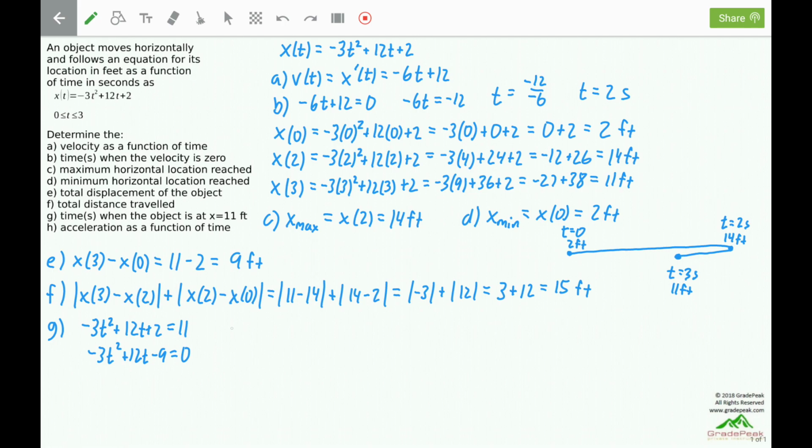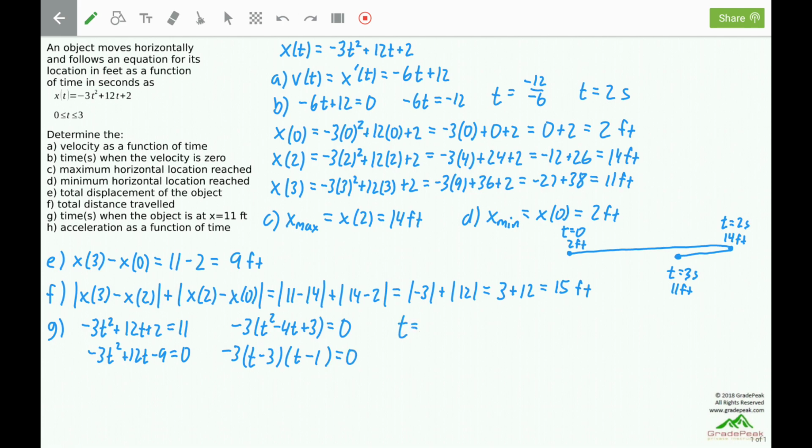There's a common factor of a negative 3, and factoring that out will give us t squared minus 4t plus 3. And we can trinomial factor that into t and t. We need two numbers to multiply to be a positive 3 and add to be a negative 4. Negative 3 and negative 1.